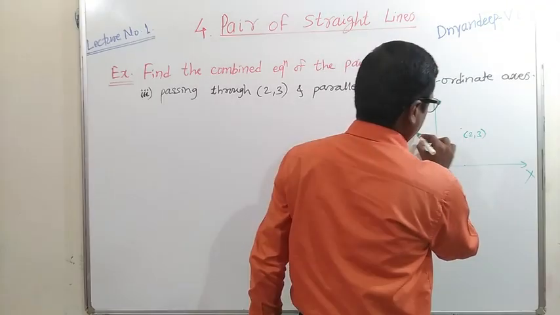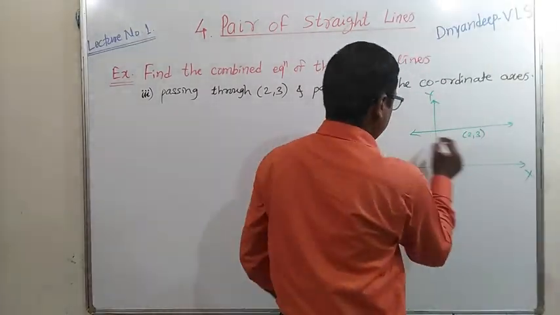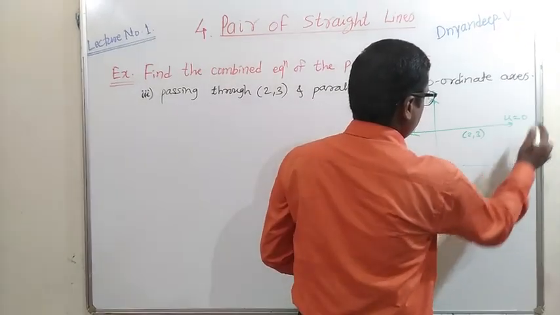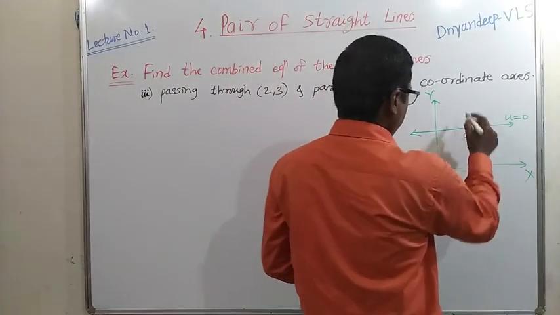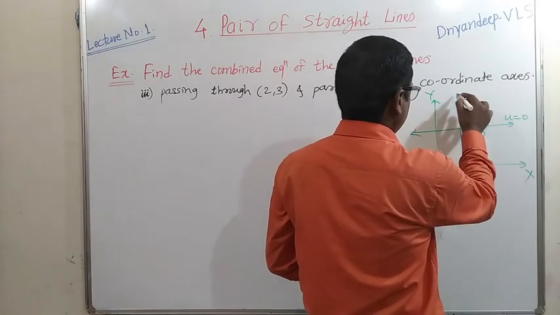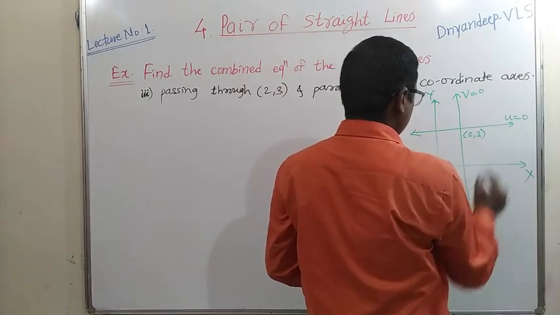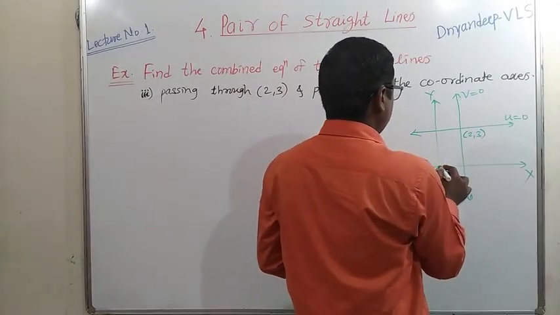Then one of them will be like this, u equal to 0, which is parallel to the x-axis, and another line, that is v equal to 0, which is parallel to the y-axis.